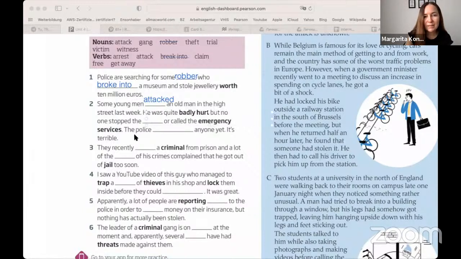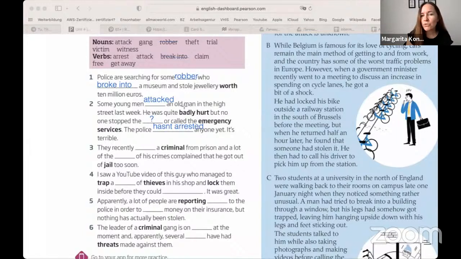Yeah, so let's leave it and get back to it a little later. Or called the emergency services. The police, say it again. Has arrested... You need positive or negative. Hasn't arrested anyone yet. That is right. It's terrible.